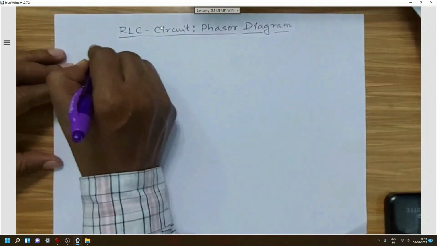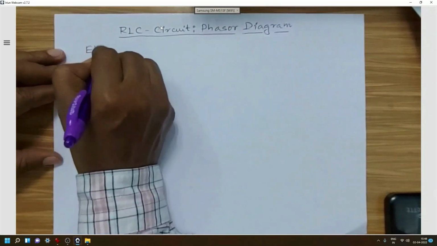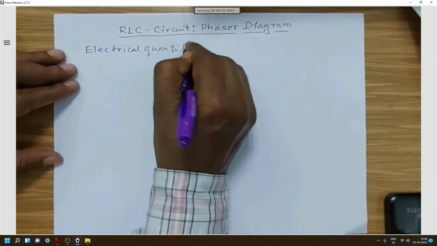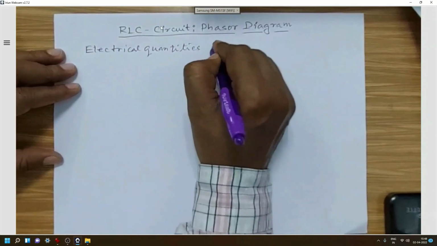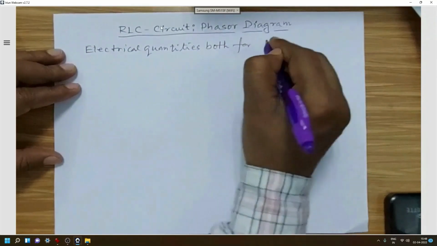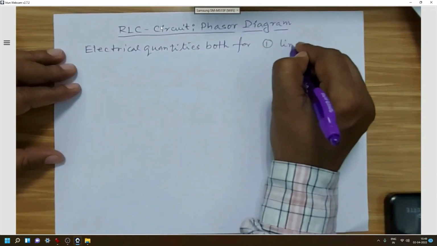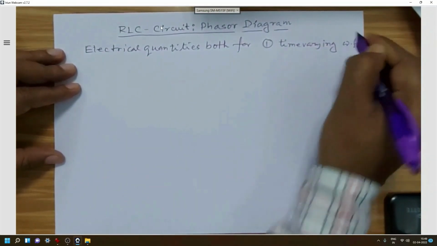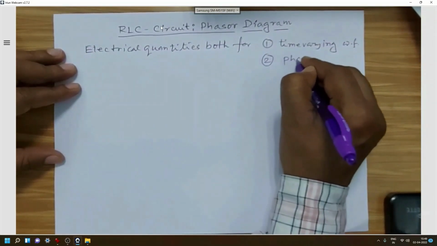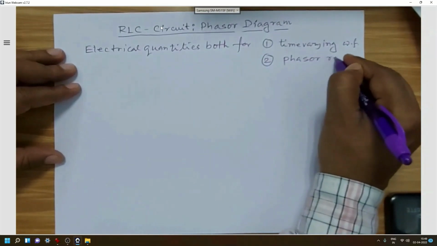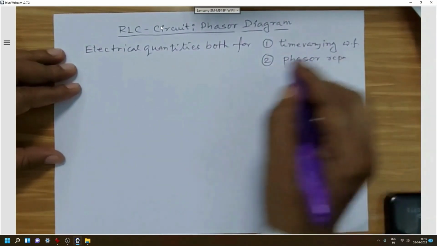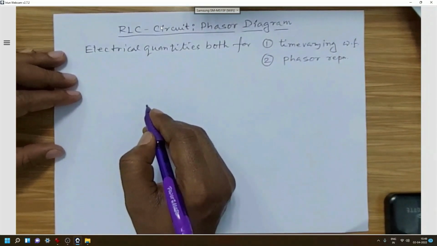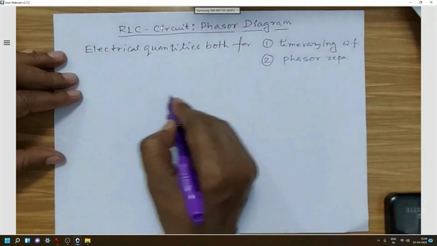As we understood the electrical quantities, both for the time varying waveform and also phasor representations, we are at the correct stage to understand the phasor diagram of one RLC circuit.